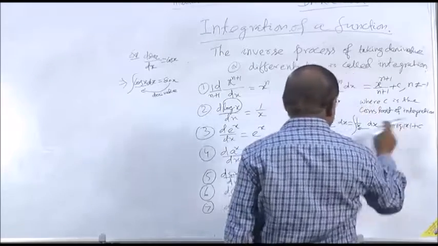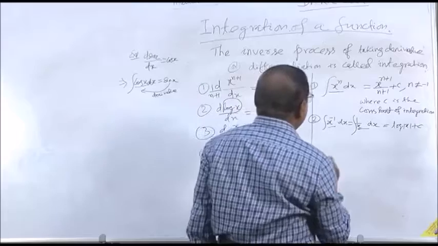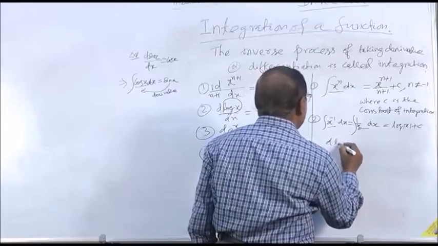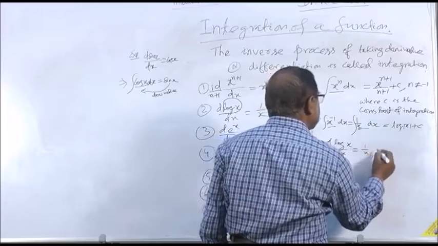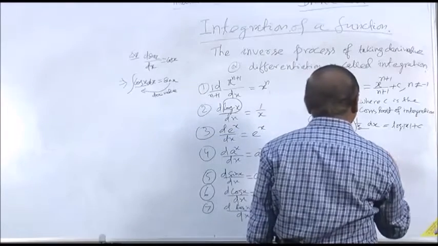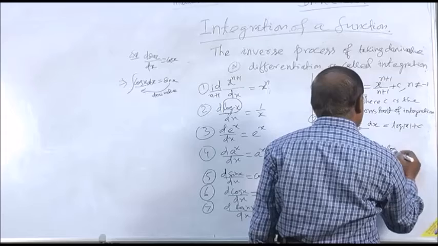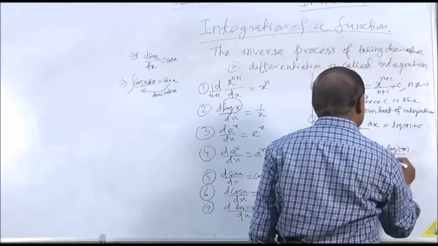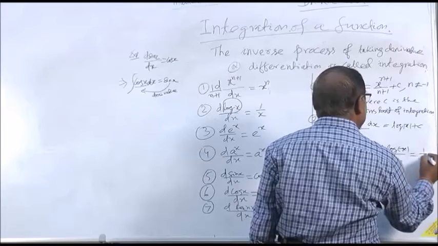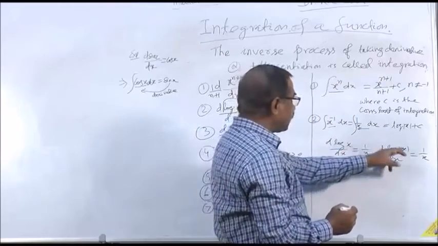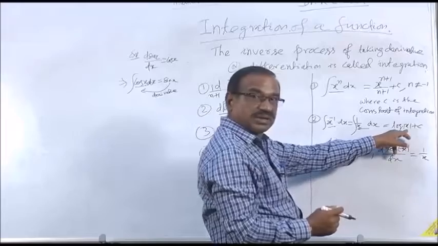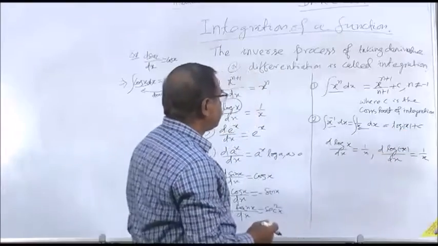Why have I taken a modulus sign here? You see, d log x by dx is 1 by x, and also d log of minus x by dx gives 1 by x. So for both plus x and minus x we are taking this modulus sign.